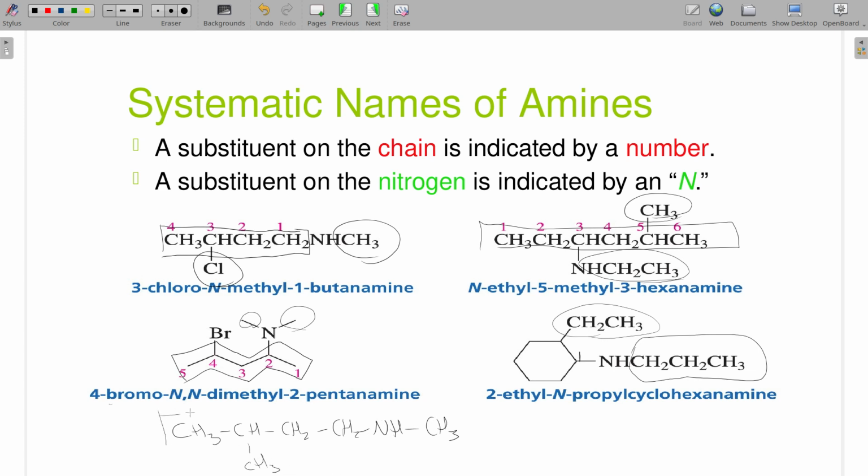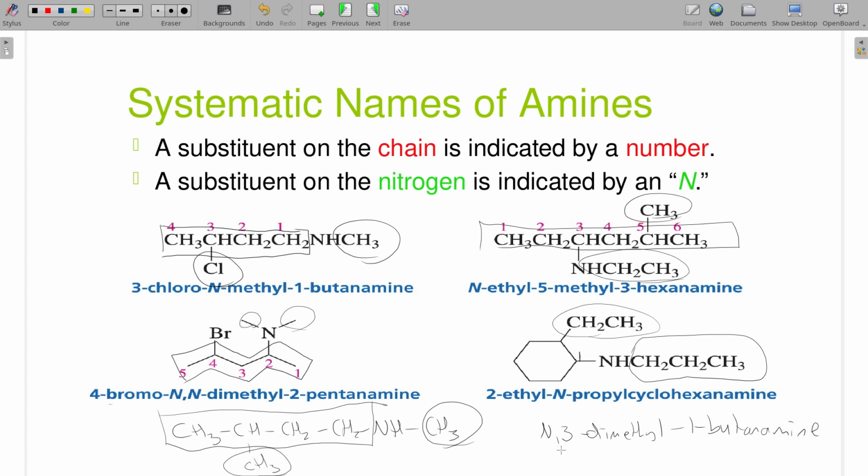So still have that same exact backbone, but now we have 2 exactly the same substituents. All right, this is a weird one. So it is methyl, and typically, and your book is really good about doing this, we would see N,3-dimethyl, and then still has the 1-butanamine.